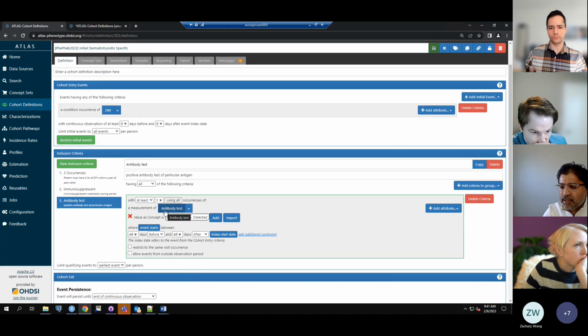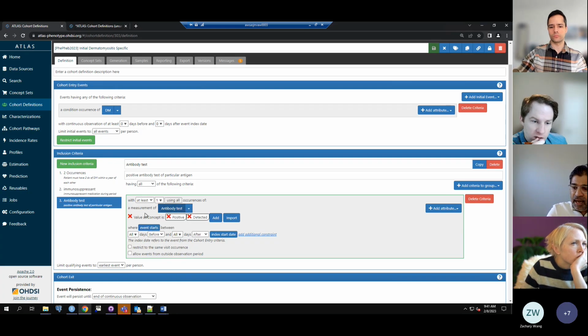The first step is to look at this and say, okay, so your implementation is you have to have a measurement, and that measurement should have a concept of positive or detected.